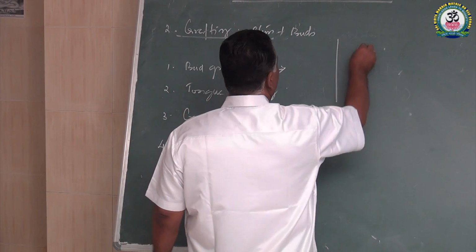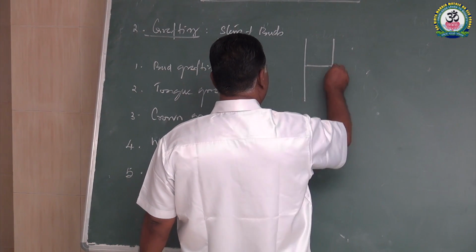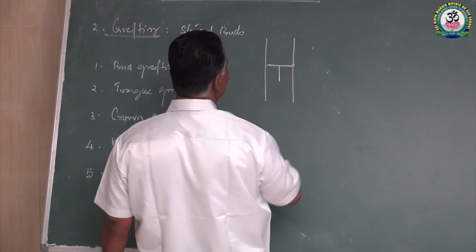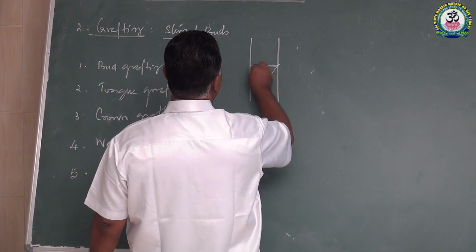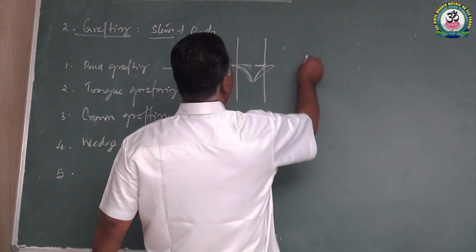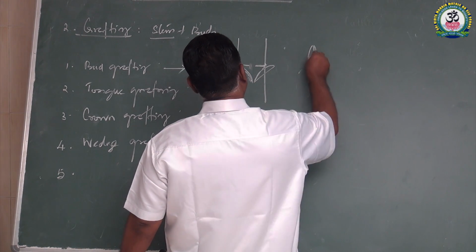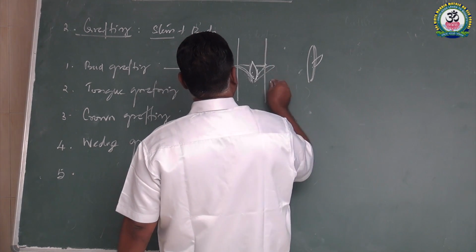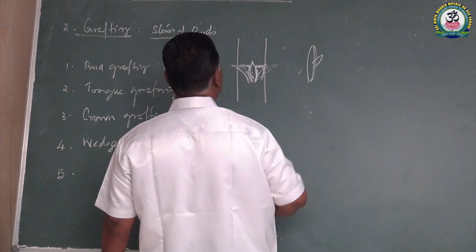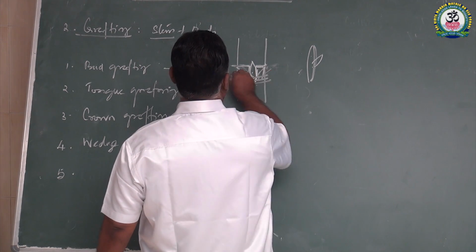So if a plant is taken, in its nodal region, an incision or cleft is made in the shape of T, like this, and the bark is split open like this, and a bud with an axillary bud from some other plant is brought here and placed, and the bark of the first plant is put in its original position, and polythene or tape is covered.